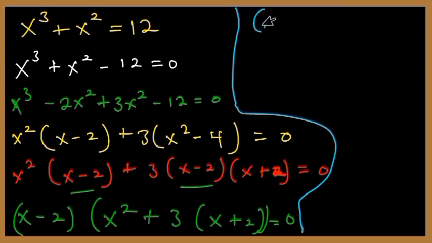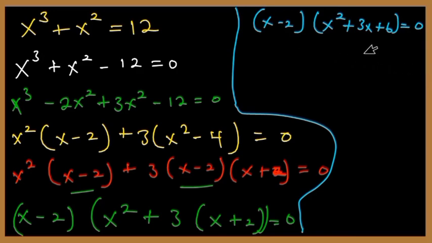So I'll have my x minus 2 multiplied by x to the power 2 plus 3 multiplying my x, I'll have my 3x plus 6, bracket closes, equals 0.